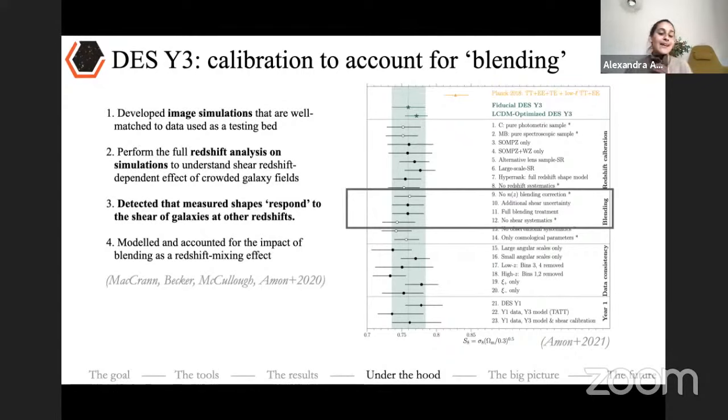I always thought of blending as a shape measurement problem, but we showed that it has just as worrying an impact on your redshift calibration. It really just kind of messes up everything. So we modeled it in a new way and accounted for it in the cosmic shear analysis. I think that's another place where we really pushed the methodology forward. We've just kind of cracked open this problem with the new set of simulations, and I think we have a lot more work to do there.